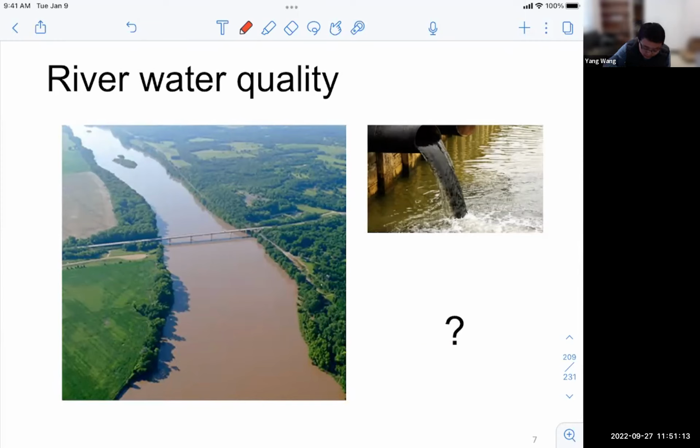So for example, we're trying to set up a wastewater treatment facility nearby this river, and we're basically pumping in wastewater from here. Let's name this location as 0. This is point 0. At the same time, we want to monitor the water quality further downstream of the river.